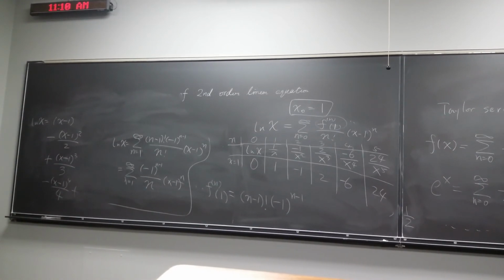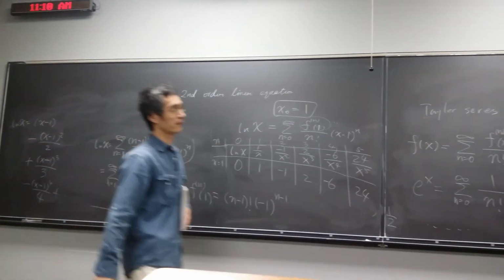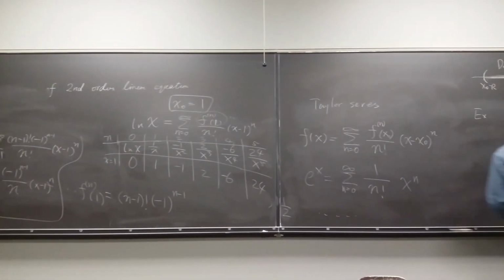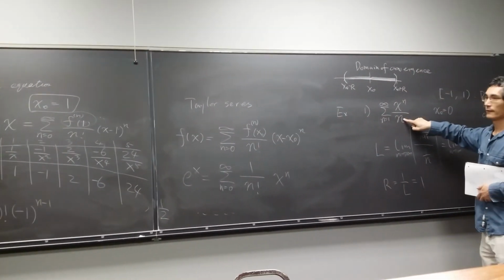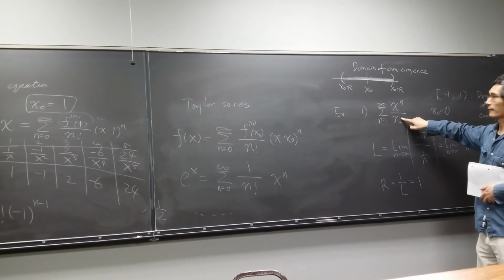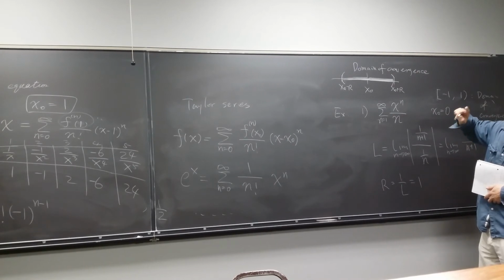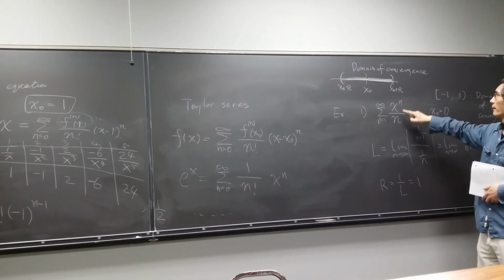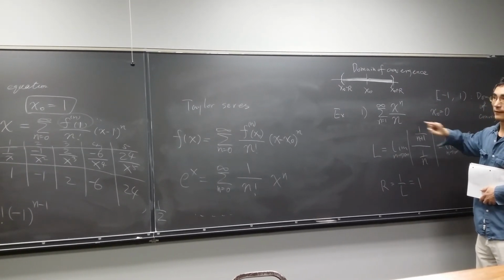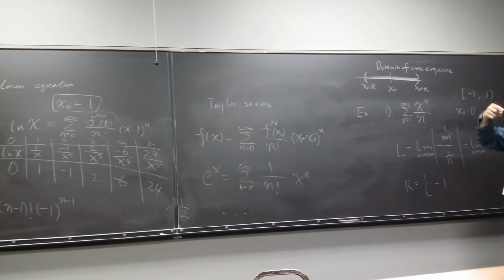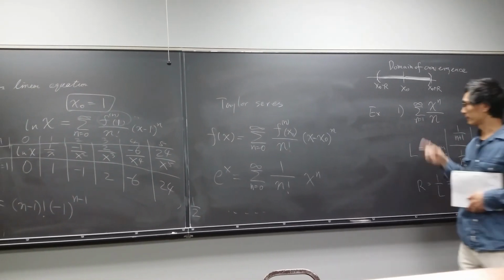Okay? And actually, you can see this is very similar to what we have over there, x to the n over n. This is the same as that, except the center is not 1, it's 0. And also we don't have the alternating negative power. But they're related.